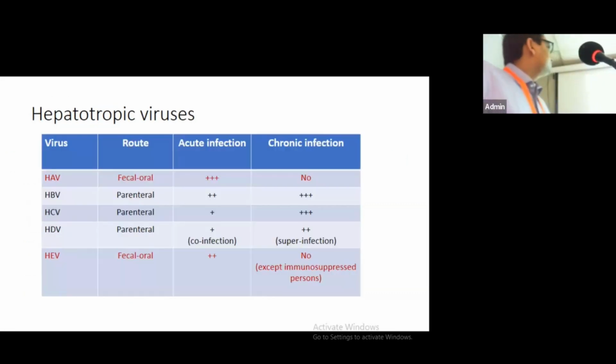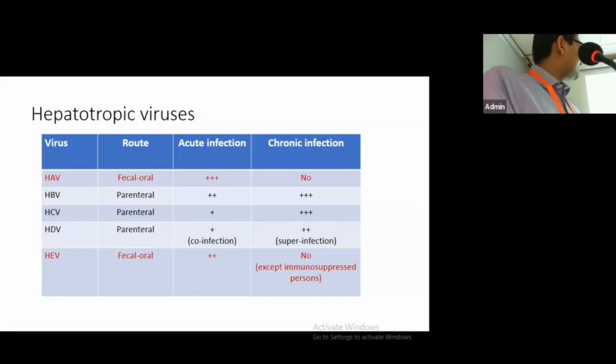Now coming to the route of spread, we know that hepatitis A and E are primarily caused by the fecal-oral route, whereas B, C, and D are spread by the parenteral route, which could be because of unsafe sexual practices, blood transfusion, or mother-to-child transmission. Acute presentation is primarily seen in hepatitis A and E, and primarily B and C cause chronic illness. However, hepatitis B may sometimes cause acute illness also.